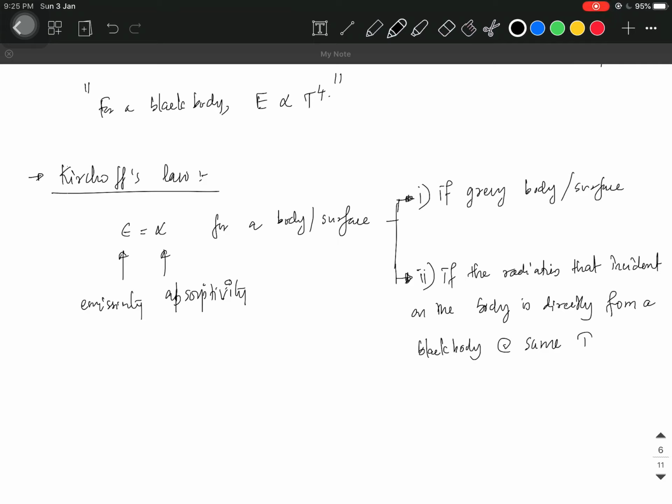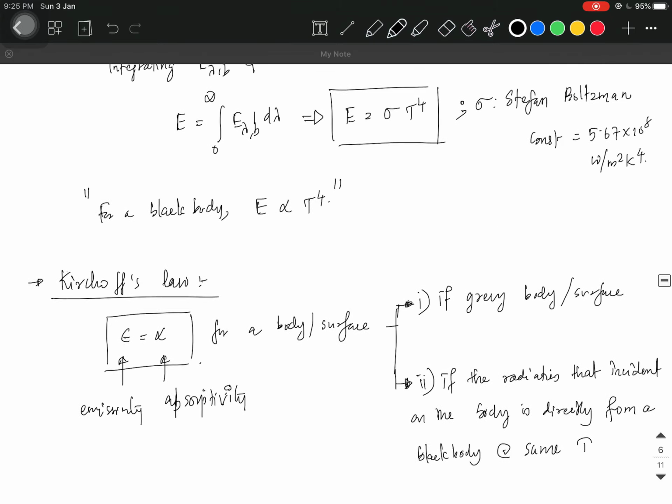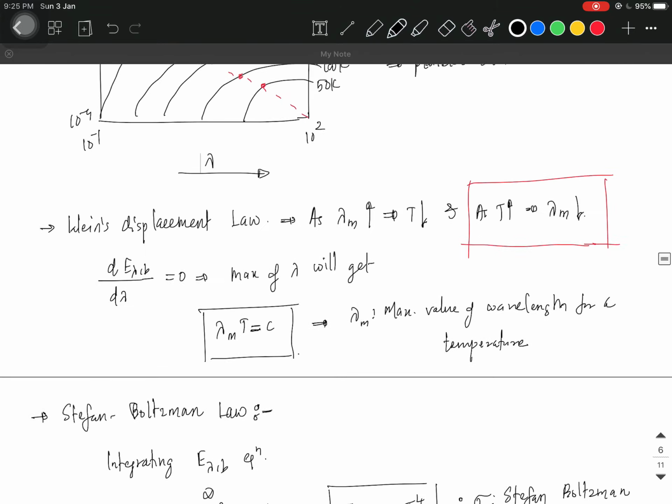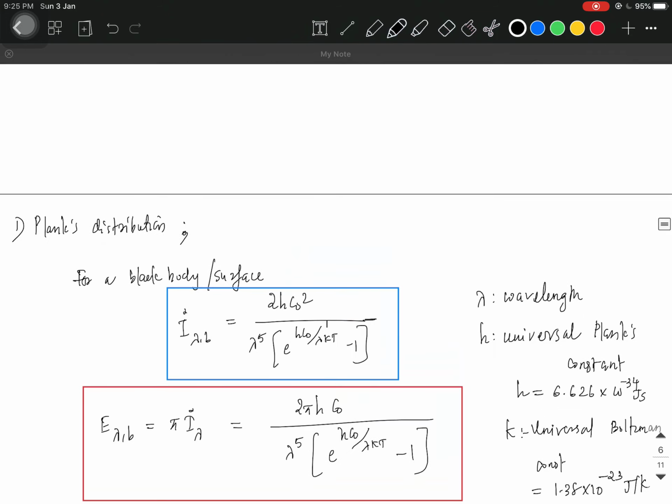Okay, so if a body satisfies either of these two conditions, then Kirchhoff's law will be valid, which is nothing but epsilon is equal to alpha.